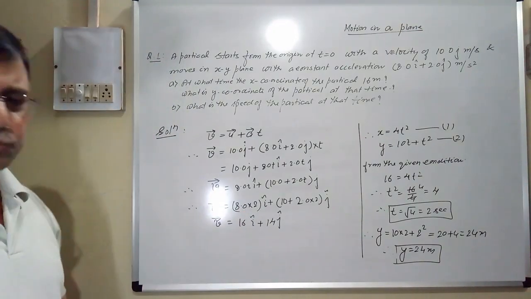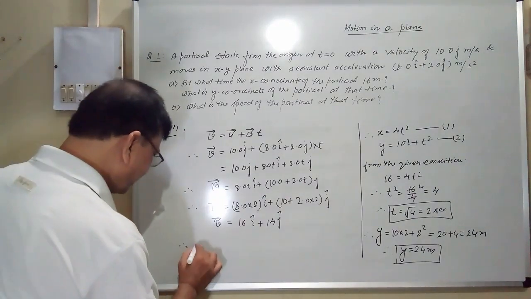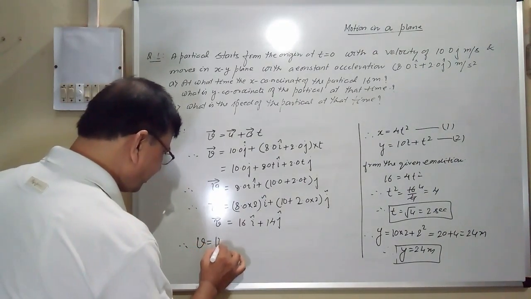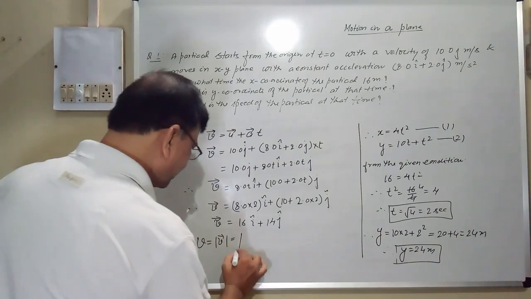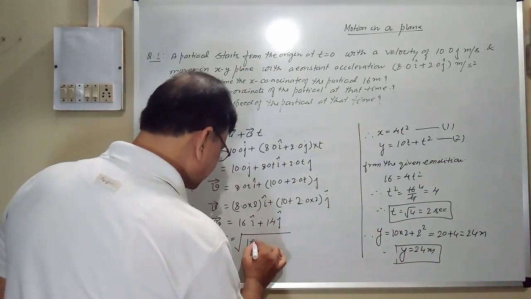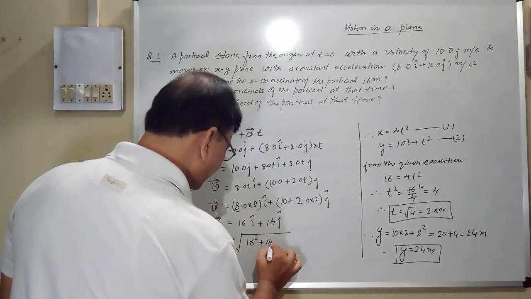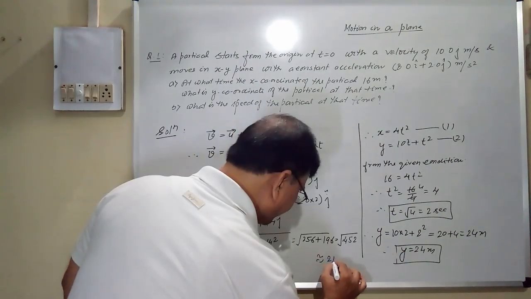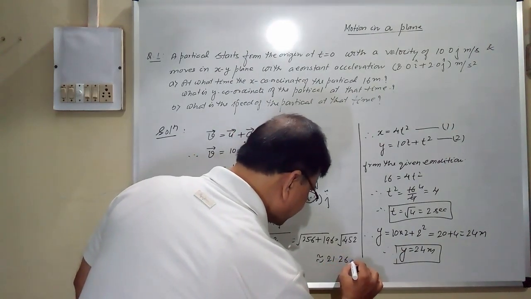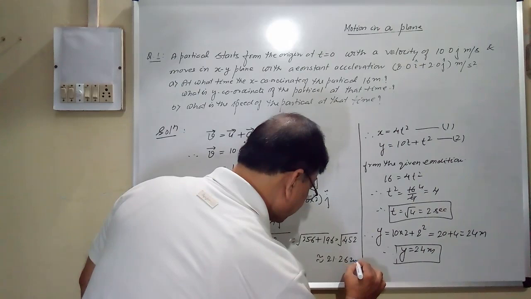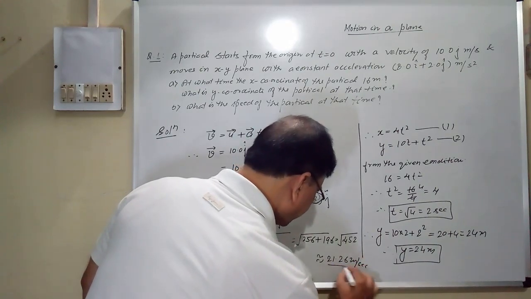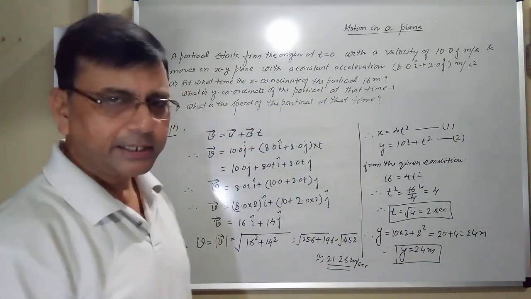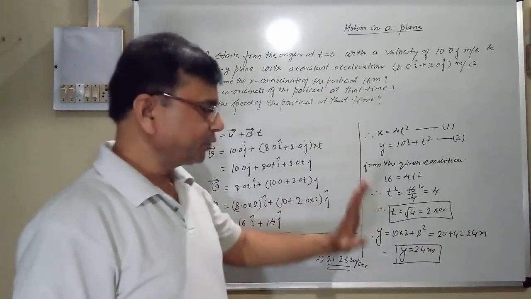Then what is the magnitude of this? Therefore v is equal to mod of v, that is equal to under root 16 square plus 14 square, which will be 21.26 meters per second. This is the speed after 2 seconds.